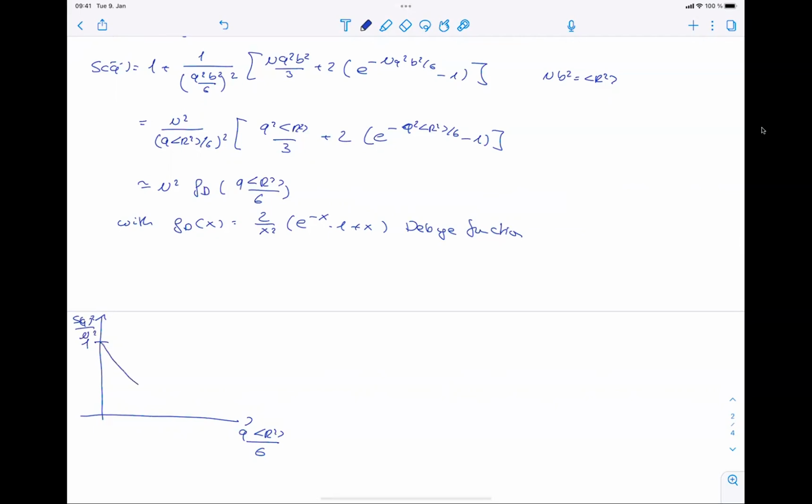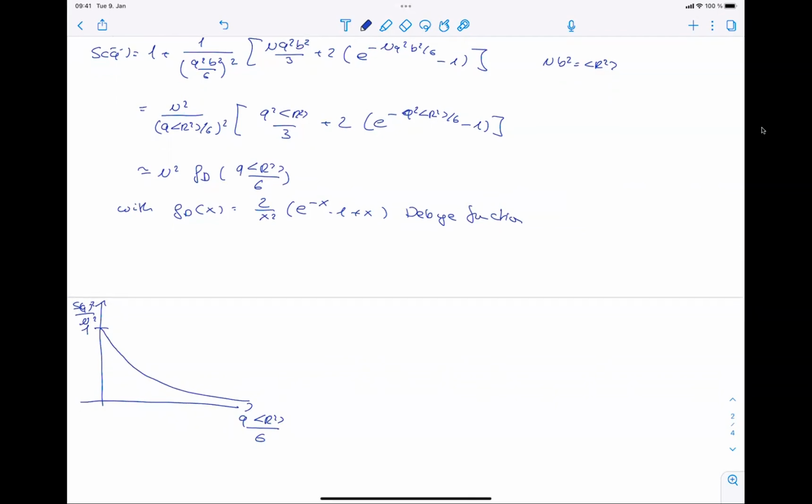And there are two different regimes, namely for q R squared over 6 smaller, the low scattering regime. The Debye function becomes n squared times 1 minus q squared R squared over 6.